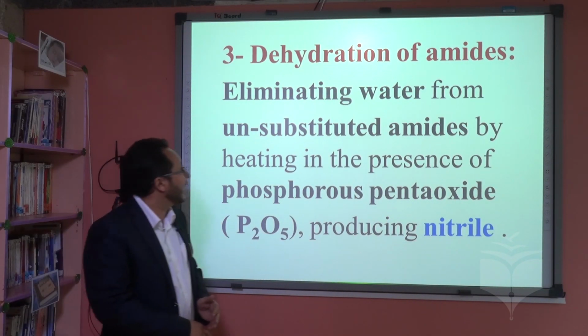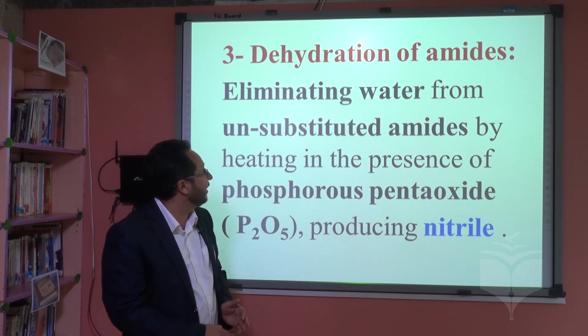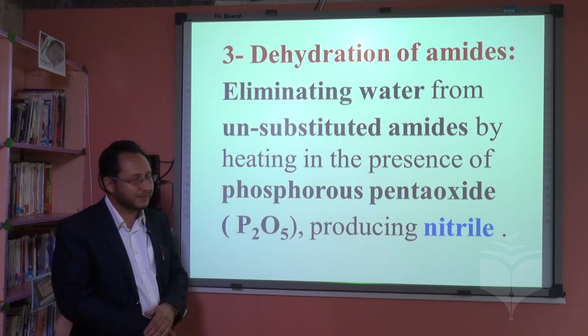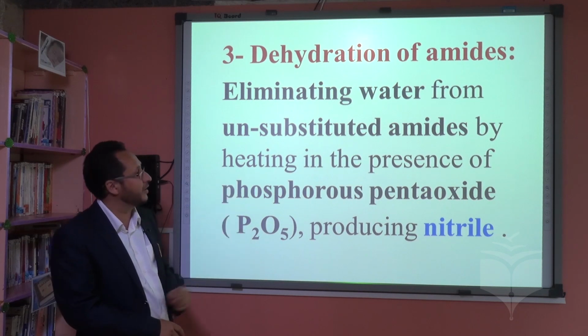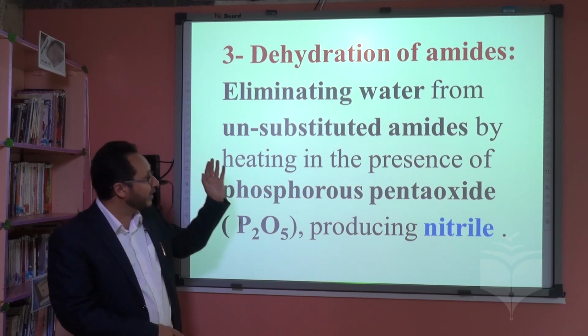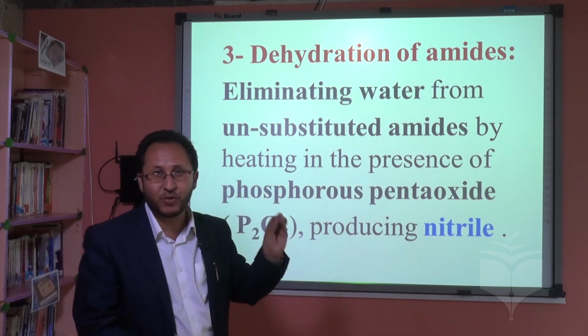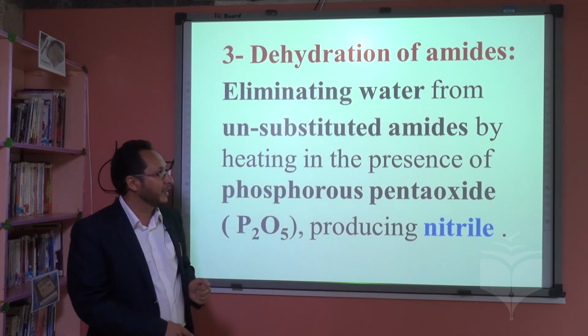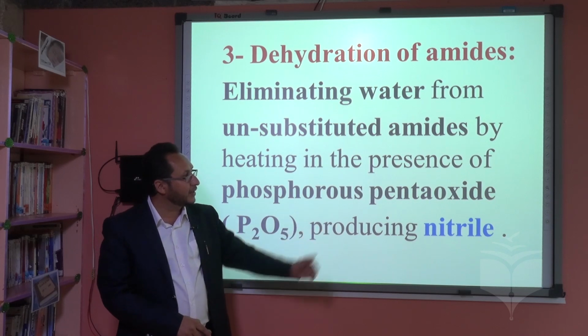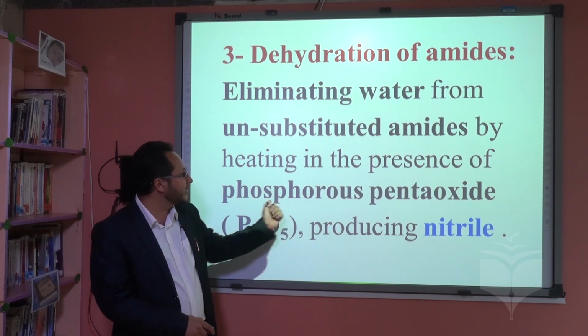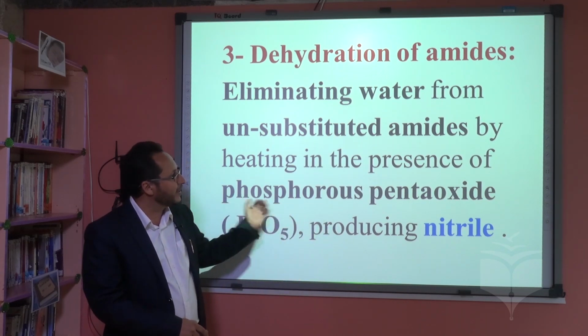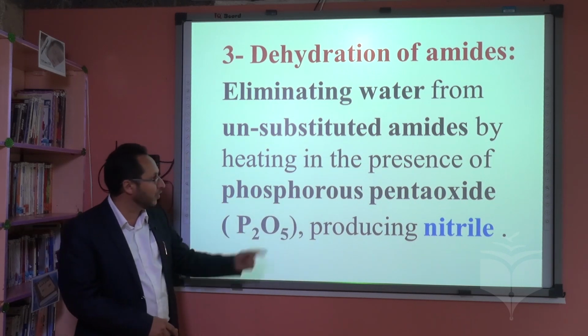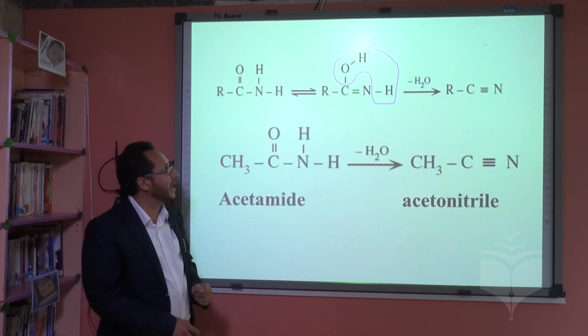Now, the third reaction is the dehydration of amides. And this is a very important reaction. Eliminating or removing a water molecule from the unsubstituted amide gives the nitrile. This reaction takes place by phosphorus pentaoxide, P2O5. Look at this reaction.